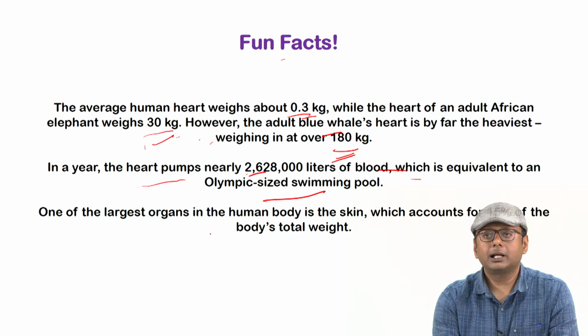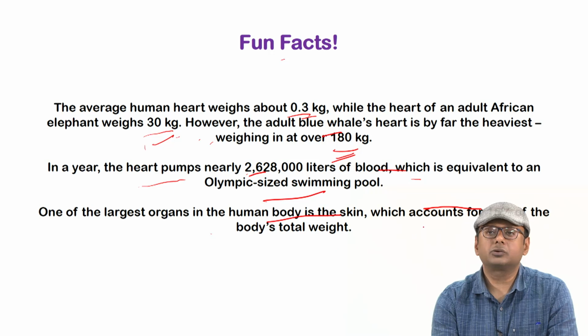Then the last one is, as many of you know, the skin is the largest organ in our body, right? It accounts for about 15% of the total body weight. Skin is very important because it is the first barrier, the first protector in our body.